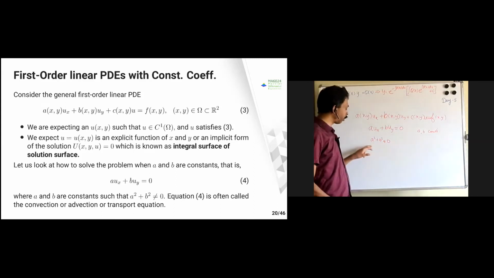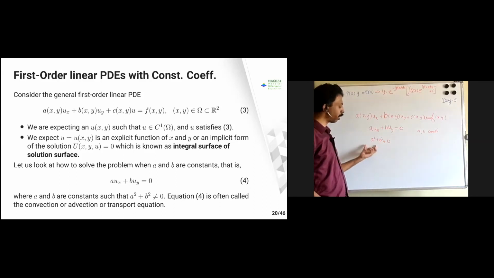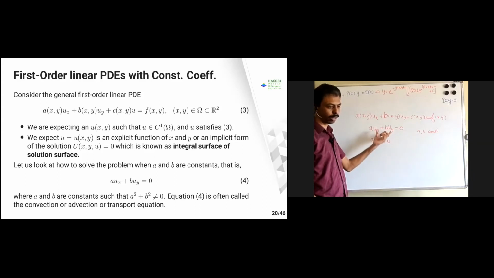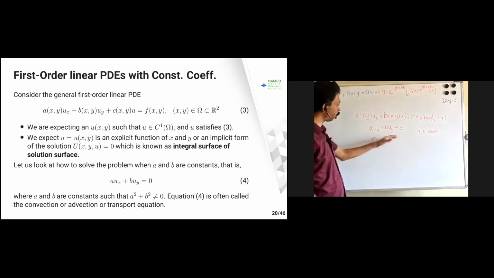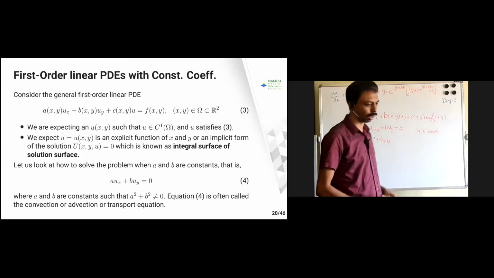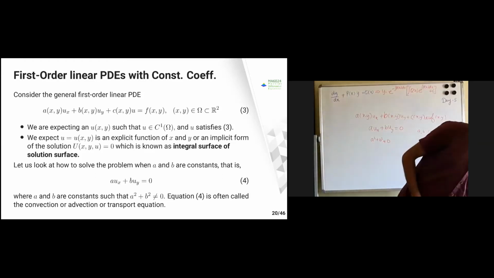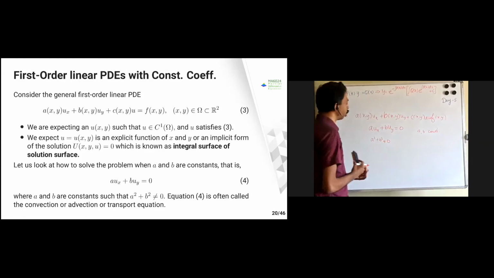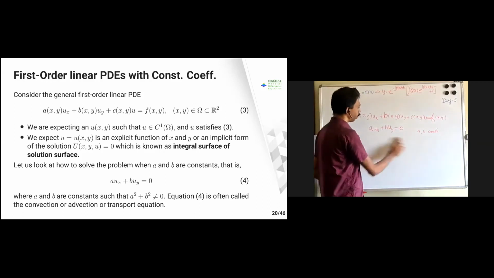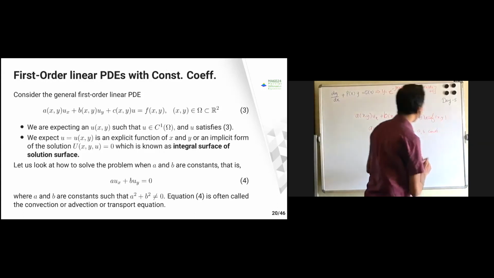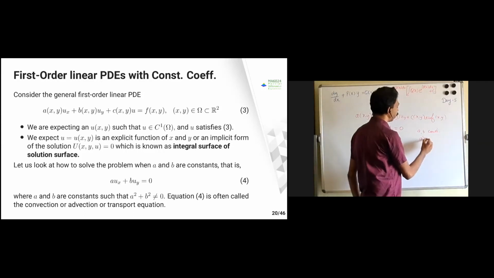If a squared plus b squared equal to 0, then each one should be 0, and you are going to get 0 equal to 0, so you will not get any equation. So I impose the condition a squared plus b squared not equal to 0.